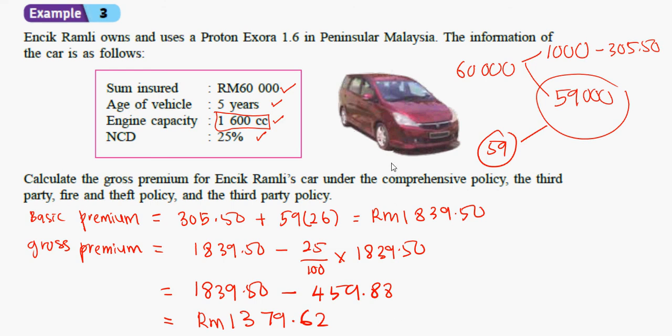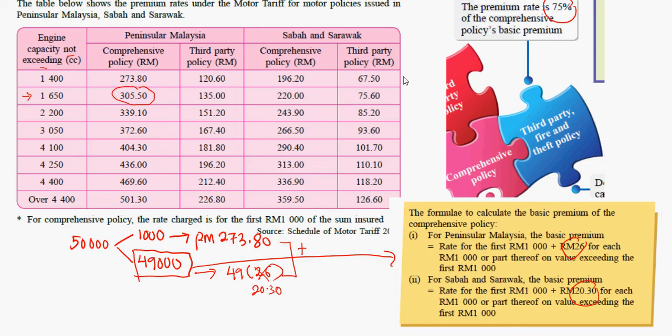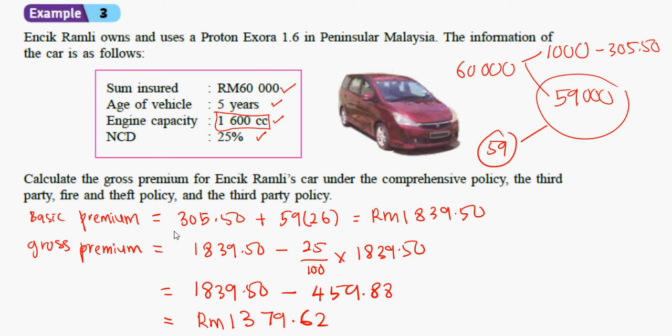And then the question also said to calculate the third party fire and theft policy. When you refer to the note here, it said that for the third party fire and theft policy, the premium rate is 75% of the comprehensive policy's basic premium. So the basic premium just now is 1,839 ringgit 50 cent.